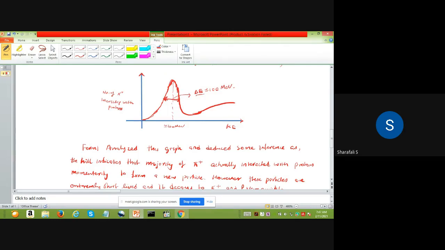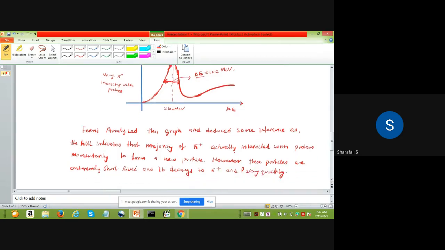More pions interacted at this particular energy, around 200 mega electron volt, and he concluded that additional particles are formed in this interaction, but these newly formed particles are extremely short-lived, and they very quickly decay into pi plus and p, that is proton.